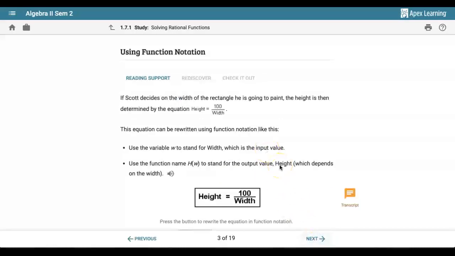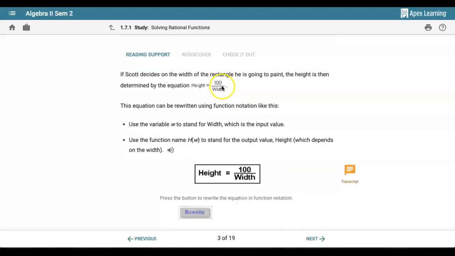But what we can do is we can take this equation that we have and we can turn it into a function. All right, so what we do is we change one of our terms here, so we have width, and we can change that into a variable w, and what we can then do is make height a function of w, a function of width, because that's what it is, basically.